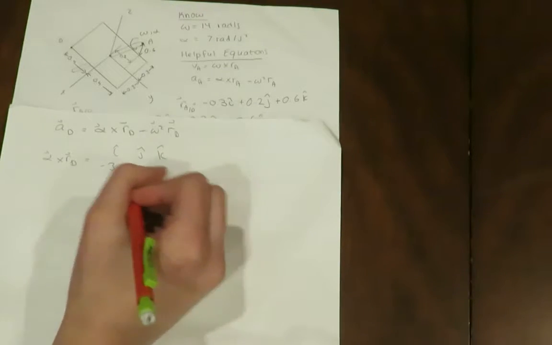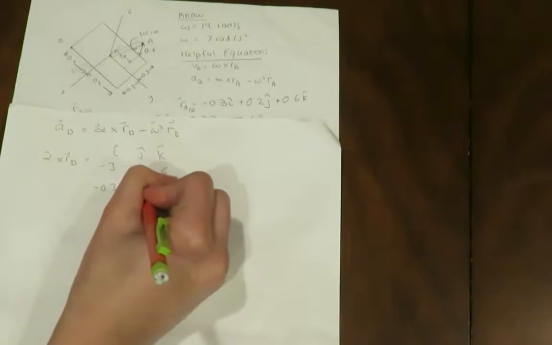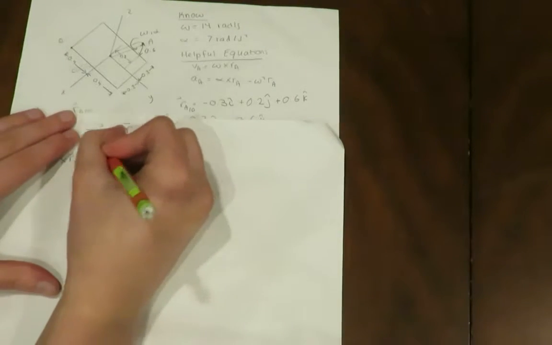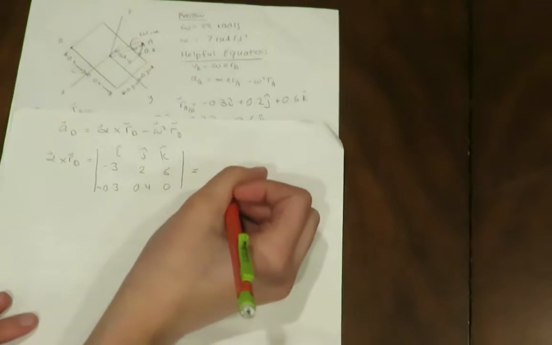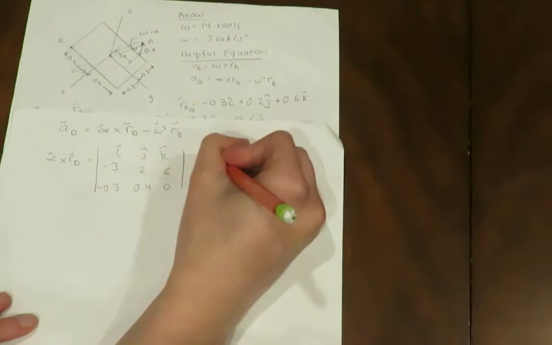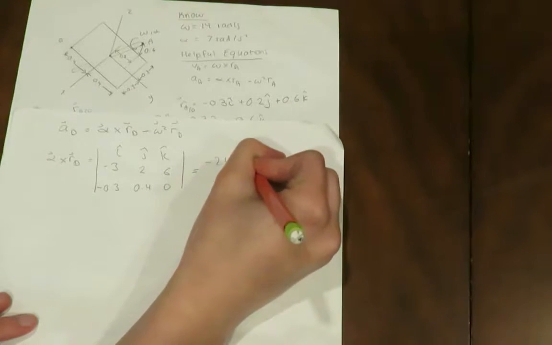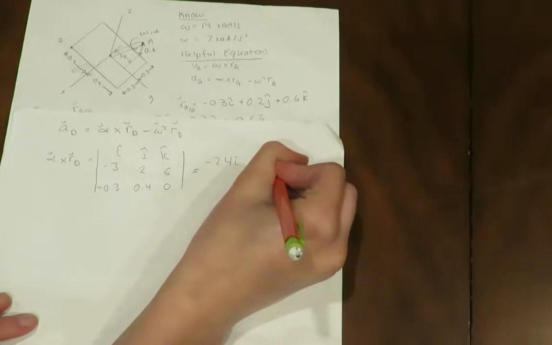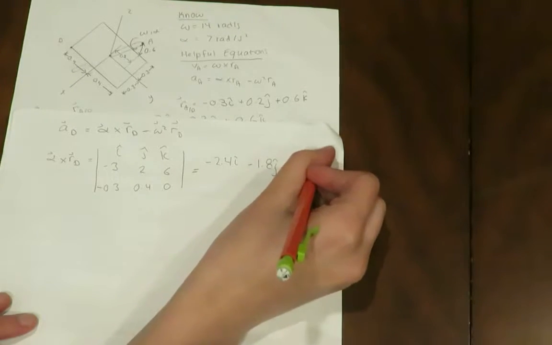And RD was negative 0.3 i hat, 0.4 j hat, and 0 k hat. When we work out this cross product and add it all up, it's negative 2.4 i hat minus 1.8 j hat minus 0.6 k hat.